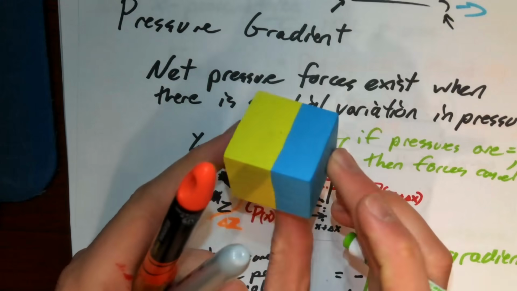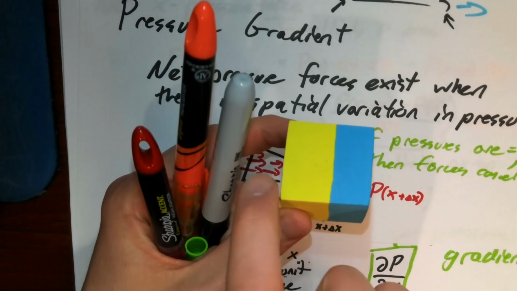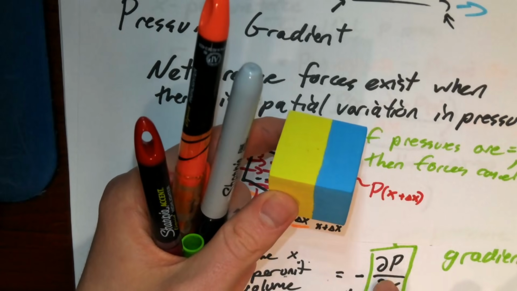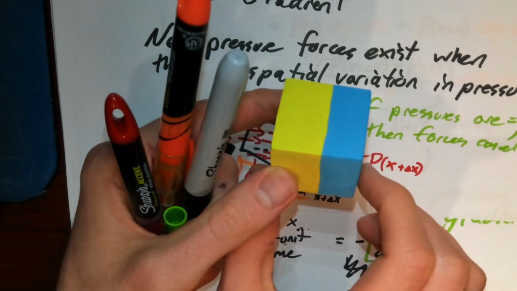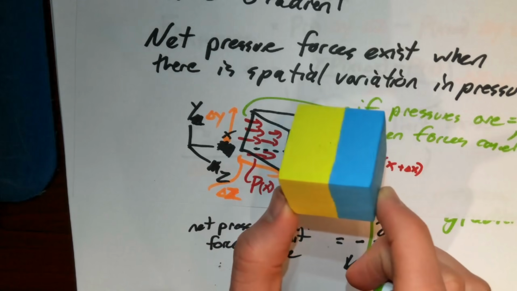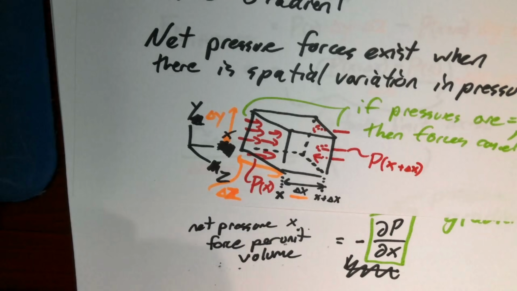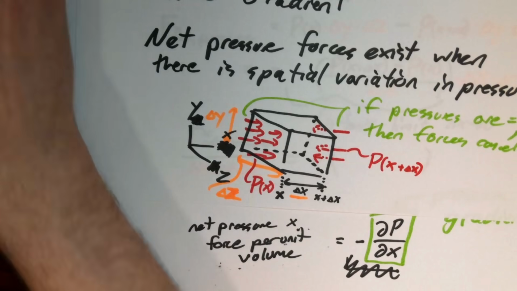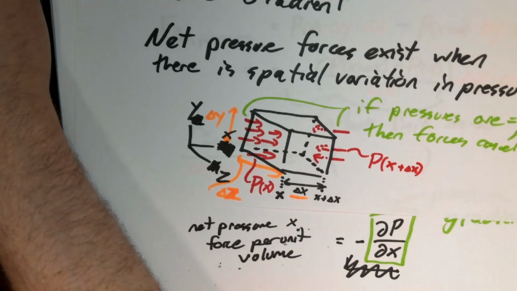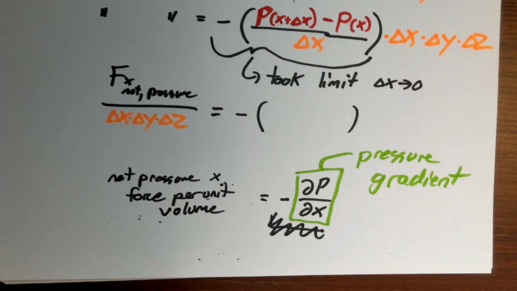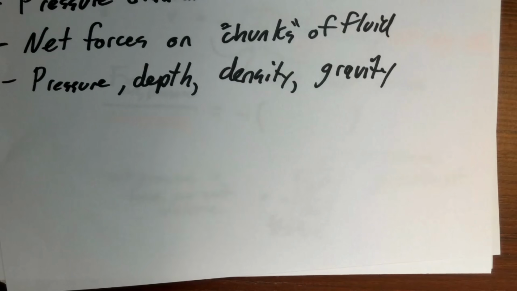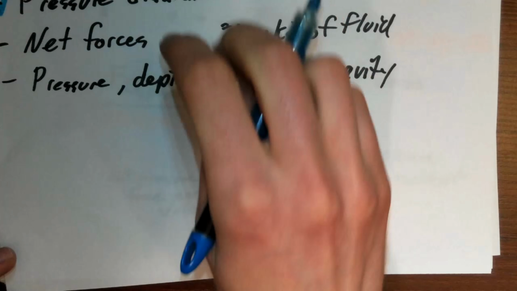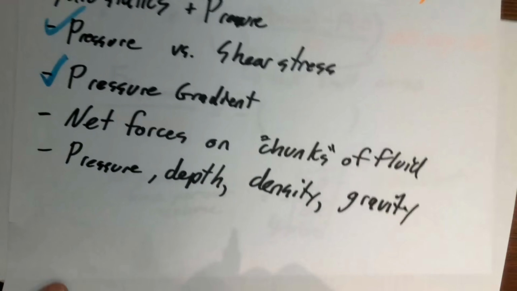If I have a difference in pressure on this face versus this face, then pressure is changing with x, so it has a non-zero derivative with respect to x, and that means there must be net forces on it due to pressure. So we've talked about what the pressure gradient is.